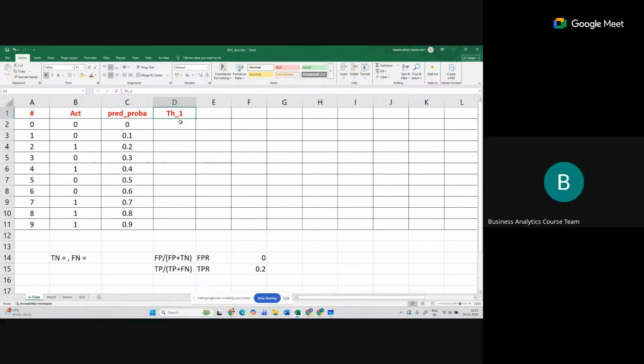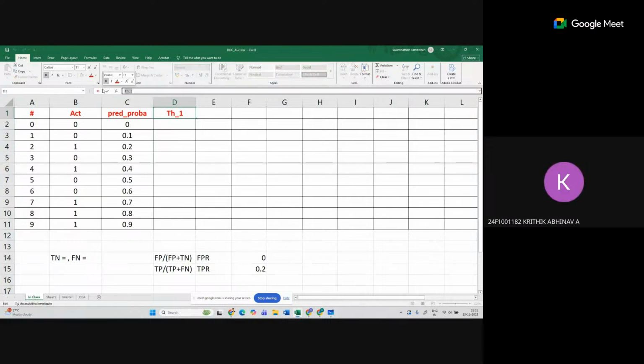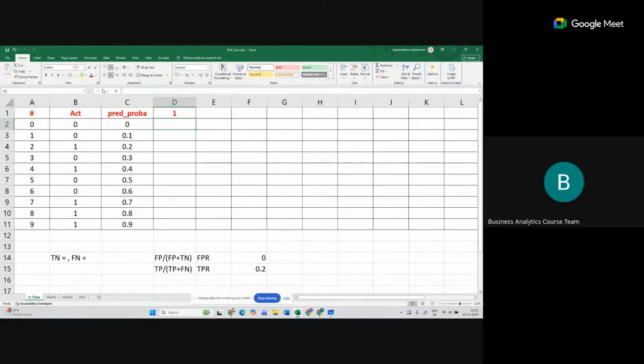Earlier we would have a confusion matrix, but here we are manually doing it. Now I am going to keep my threshold as 1. If you look at this, does any of these values have a value greater than or equal to 1?